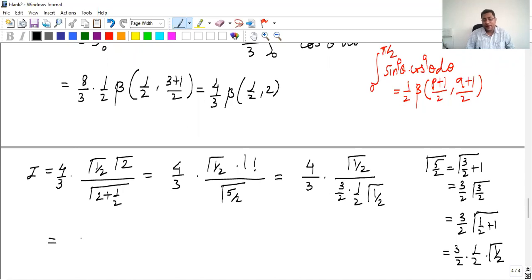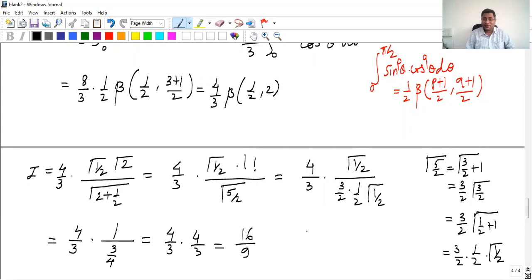Now, if we simplify, this is 4 by 3. This gamma half and this gamma half will get cancelled. Again, we have 4 by 3. Is that okay? Are you getting this? So this will be 4 by 3 into 4 by 3, which is 16 by 9.